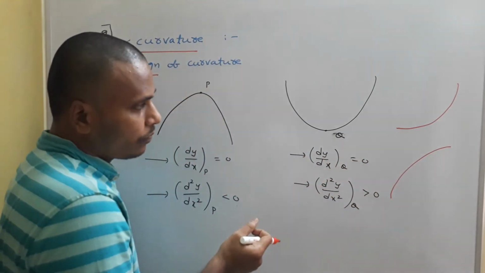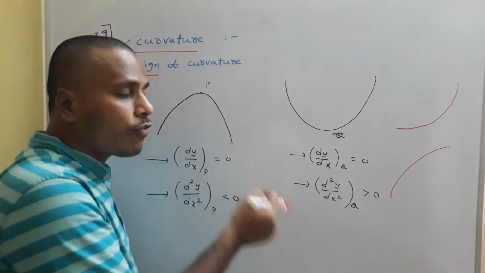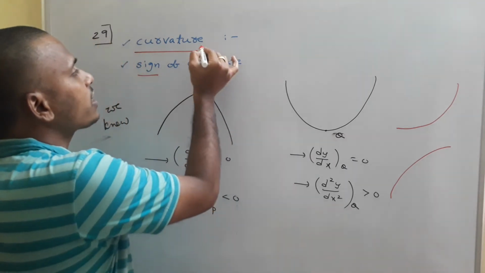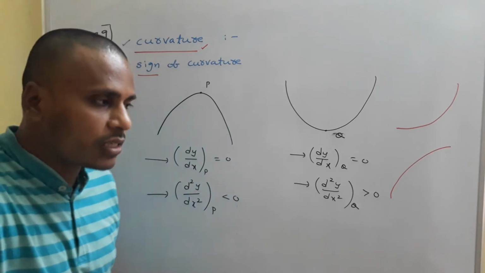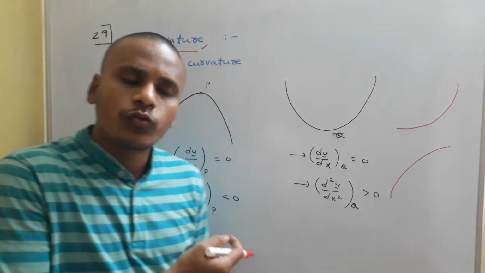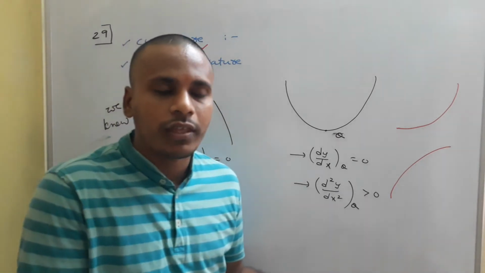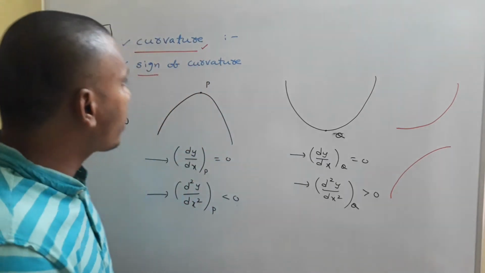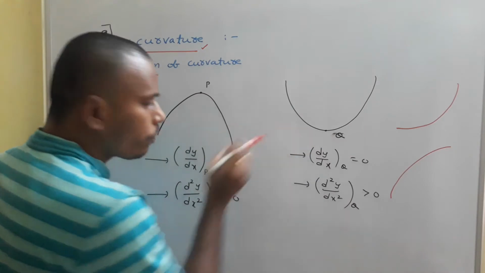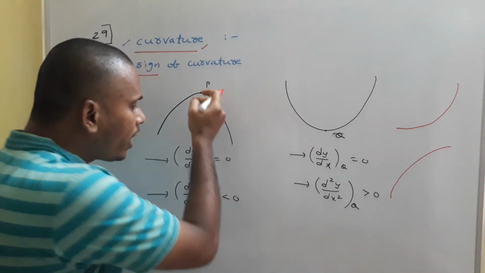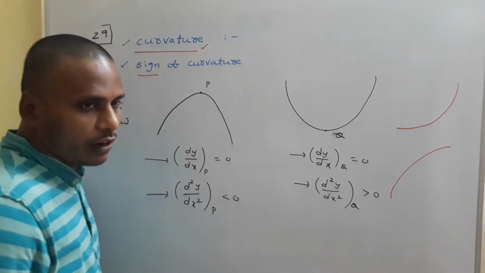Discussing this concave nature of a function is considered as its curvature. Curvature of a function is simply discussing the concavity or convexity of the graph of a function. You just memorize these two, and I will use these two in mentioning different ideas of this curvature.